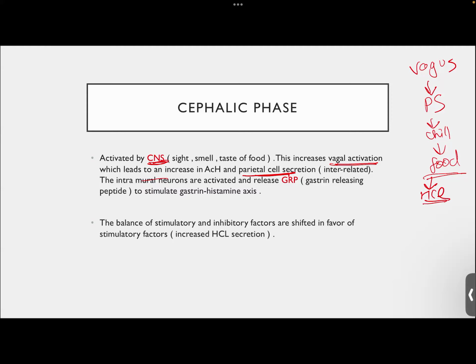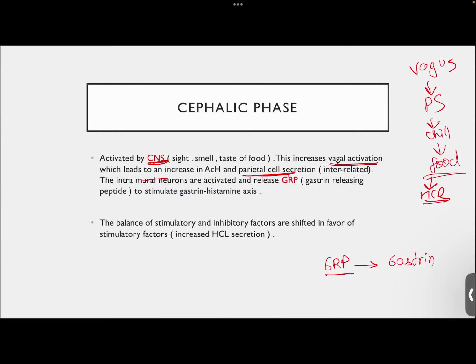And then you remember in the start of the lecture, I said GRP. GRP stimulates gastrin release, and then gastrin does the whole gastrin-histamine axis. GRP is gastrin-releasing peptide, and this is also activated by the vagal activation during the cephalic phase. So all of this is controlled by the central nervous system.